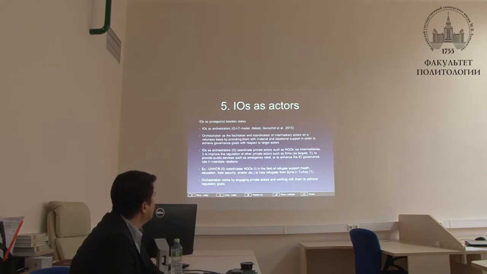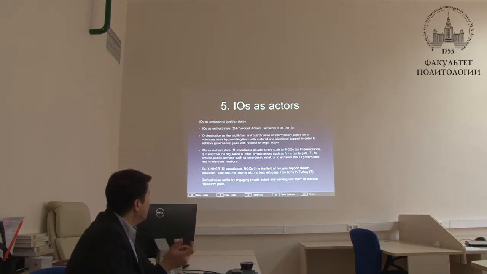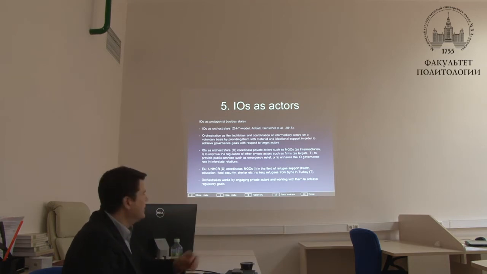In other words, IOs as orchestrators, abbreviated with O, coordinate private actors such as NGOs as intermediaries, abbreviated by the I, to improve regulation of other private actors such as firms as the target, the T. So this is why it's called the OIT model: the orchestrator, intermediary, and target.